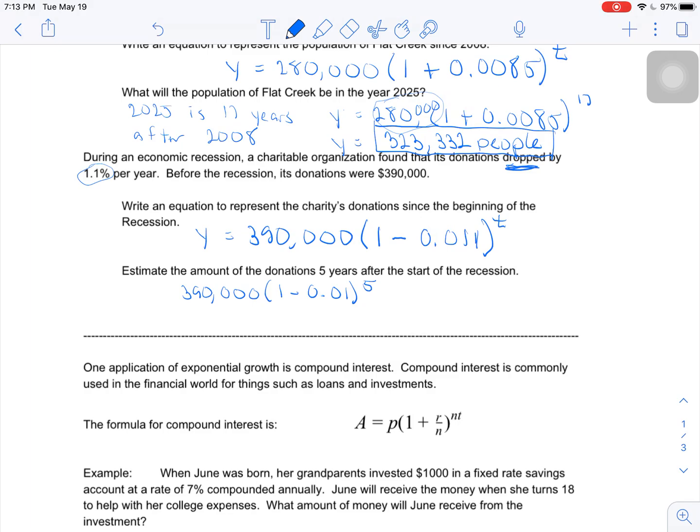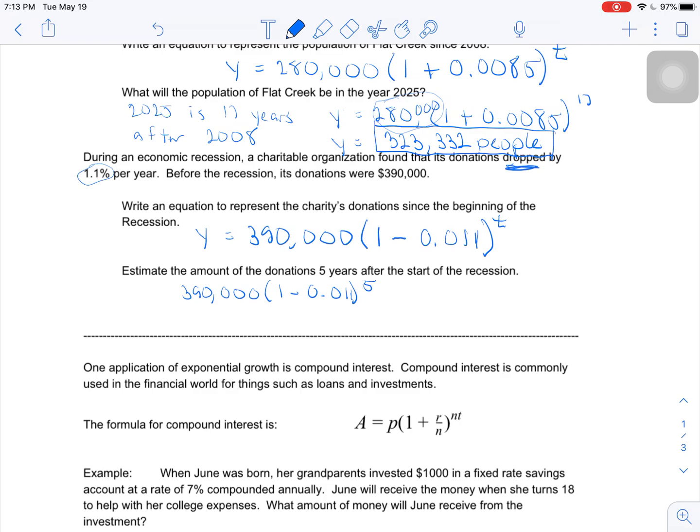So we need to use order of operations. So let's do the parentheses first. So 1 minus 0.011 equals 0.989. And then we're going to do that to the power of 5 because exponents come next. And then we're going to multiply times 390,000.